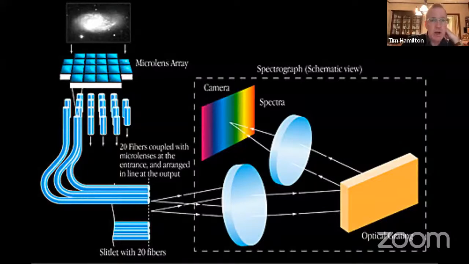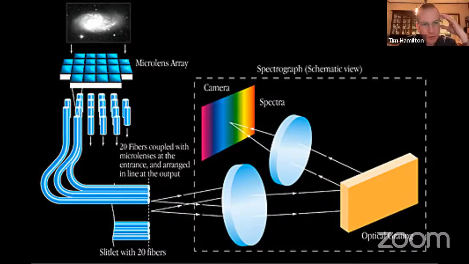It focuses that onto an optical grating, a diffraction grating, which is then focused onto the normal imaging camera. In that case, we would be able to reconstruct the image in software, but for every pixel in the image, we would be able to have a full spectrum.